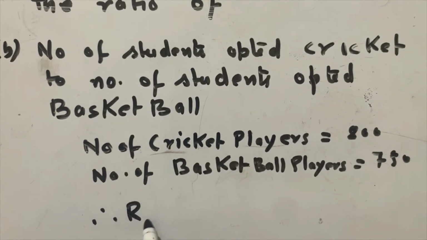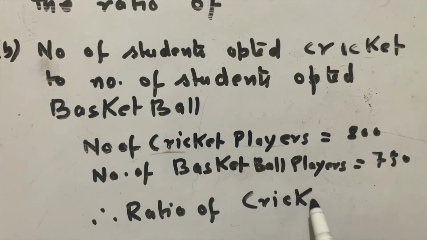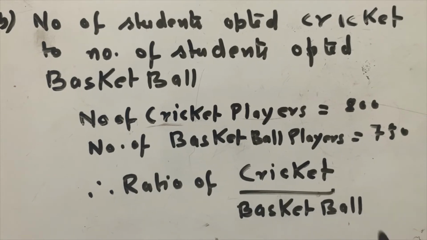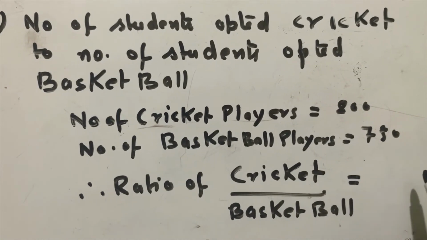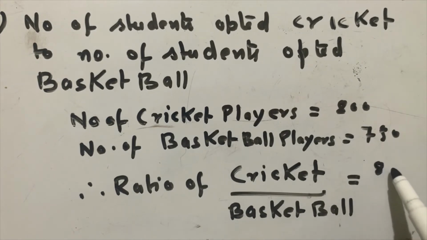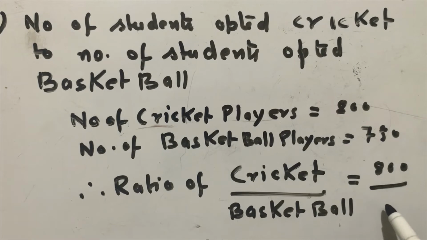Therefore ratio of cricket to basketball is equal to, cricket players are 800 and basketball players are 750.